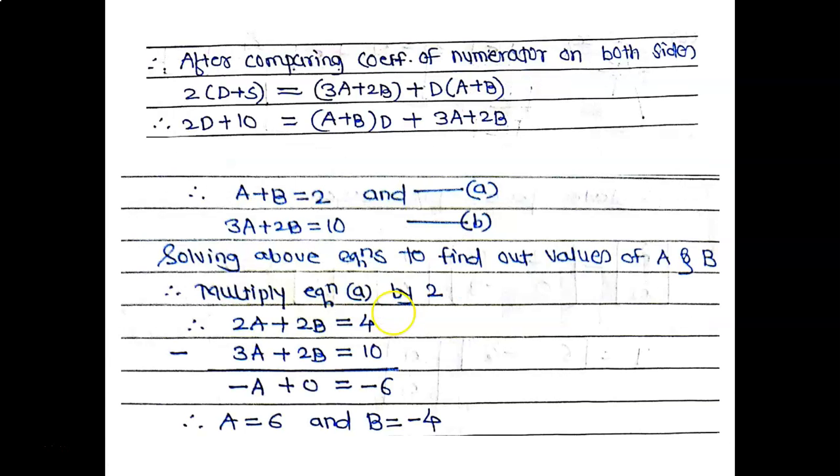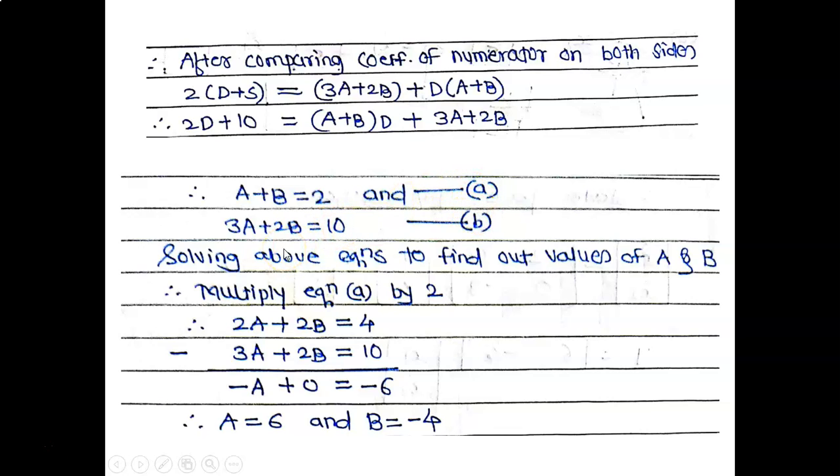After comparing coefficients of the numerator on both sides, we get 2D plus 10 is equal to (A plus B)D plus (3A plus 2B). Therefore, A plus B is equal to 2 and 3A plus 2B is equal to 10, equations for A and B.